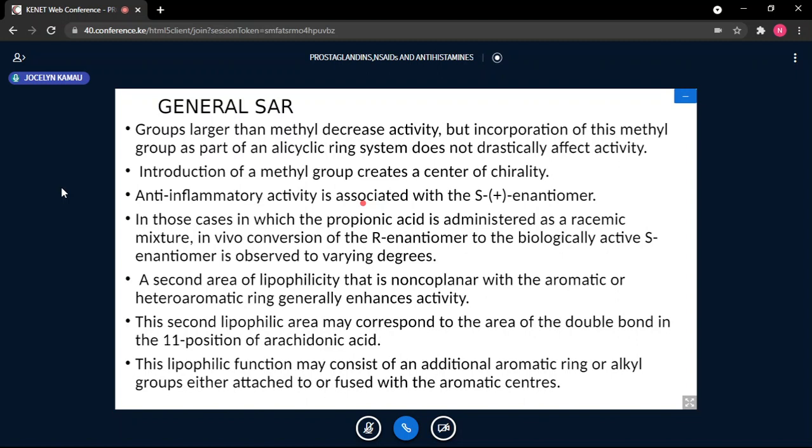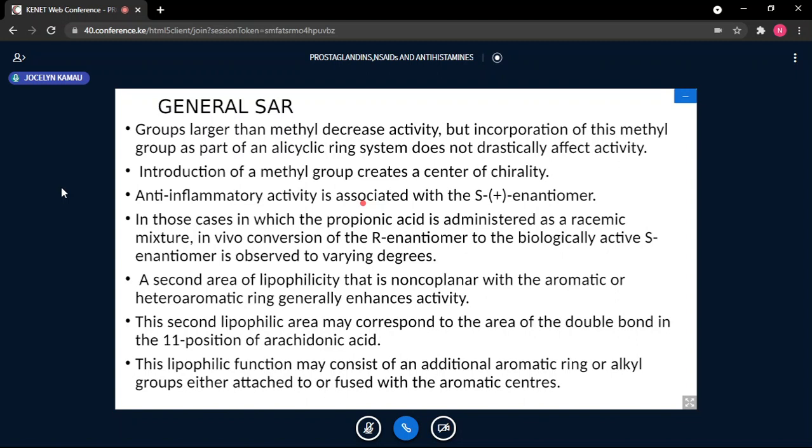The racemic mixture is where you have a mixture of both the R and S isomer, because it has been discovered that the R isomer can be converted in vivo to the S isomer. But of advantage, the S isomer is not converted to R, and it is the S which has activity.